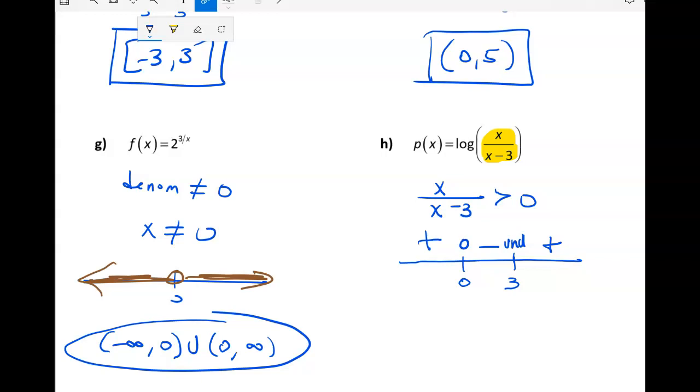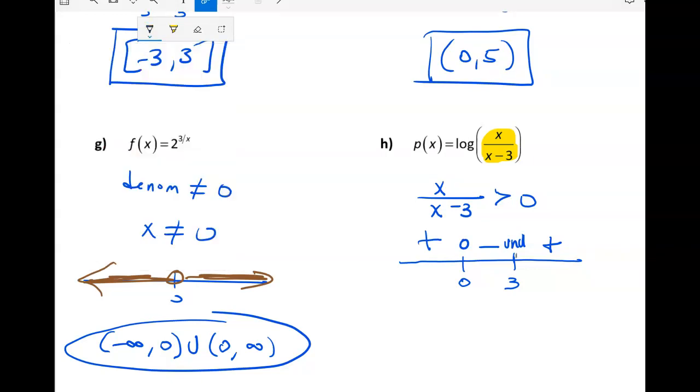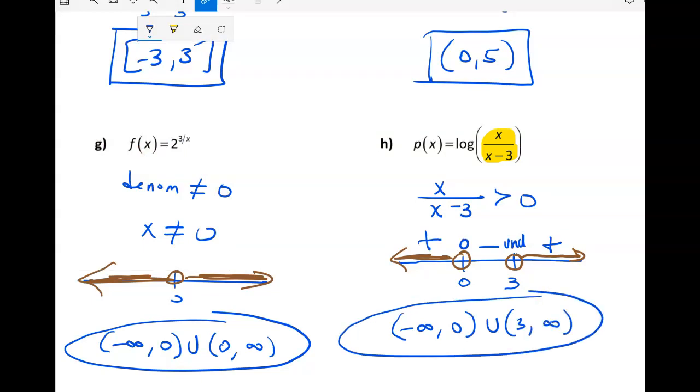And now we are looking for just where this expression, this fraction, is greater than 0. So that's going to be on the left and the right of the number line. So that's the interval from -infinity to 0, union interval from 3 to infinity.